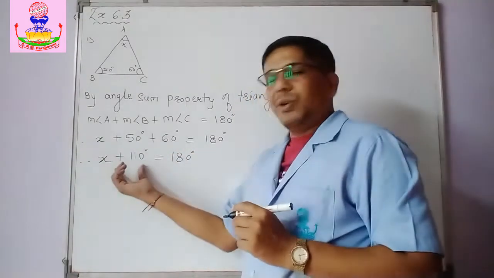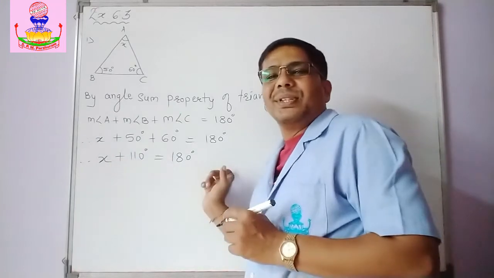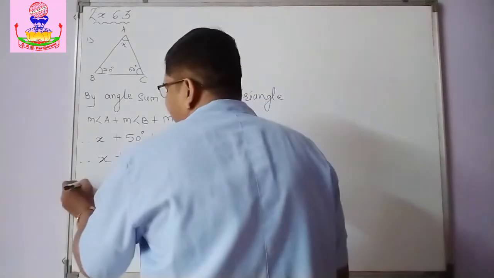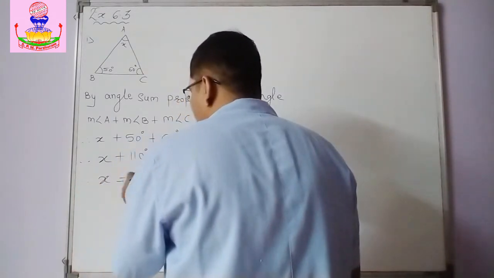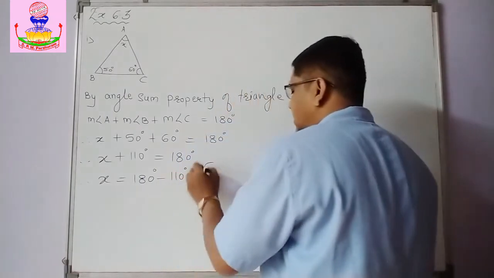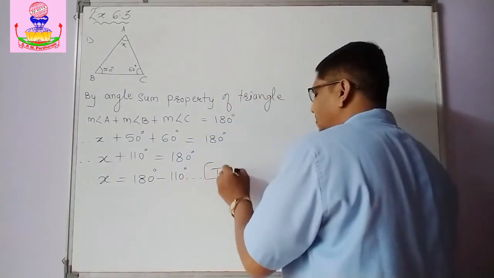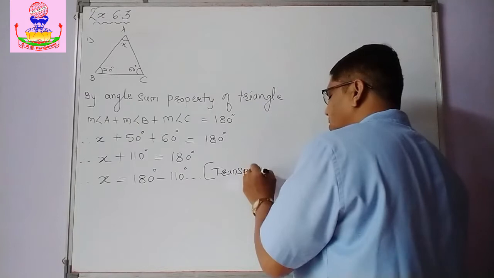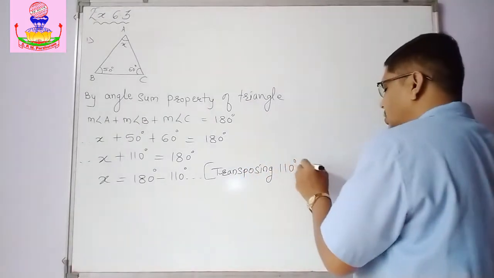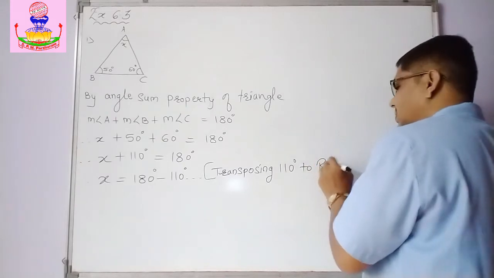Now, we don't want this 110, so bring this to this side. When it comes to this side, it will become minus. That is transposing 110 degrees to RHS. Write the reason: transposing 110 degrees to RHS.